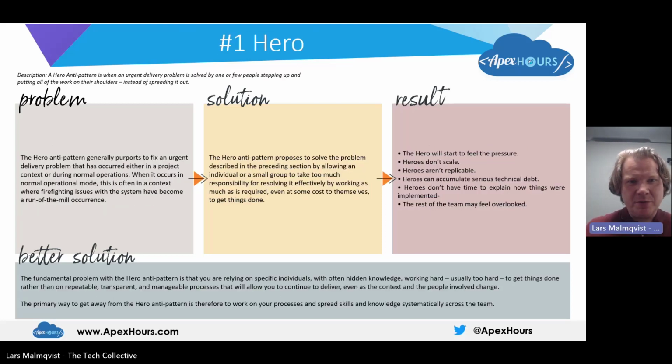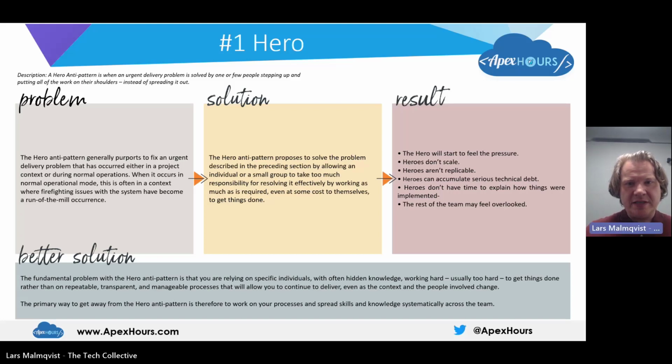And that brings us to number 1, the hero anti-pattern. I have to say that almost everyone I've ever talked to who's worked in IT for more than a couple of years can relate to the hero anti-pattern.